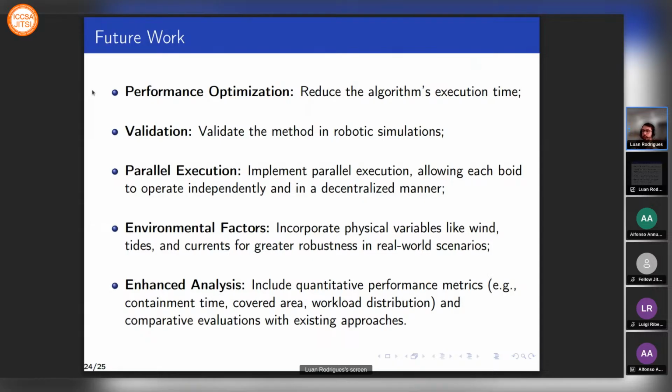And also a better statistical analysis compared to different algorithms existing in the same subject.